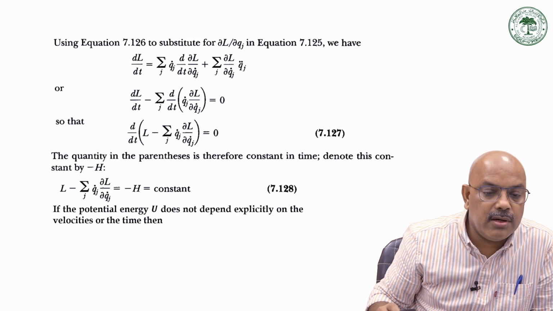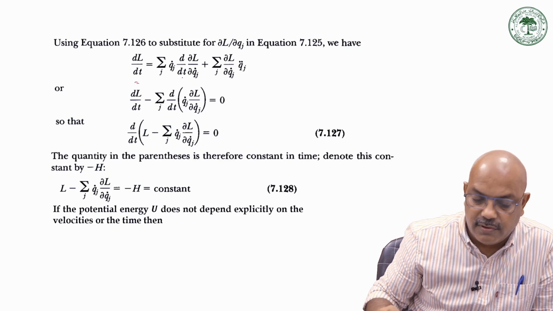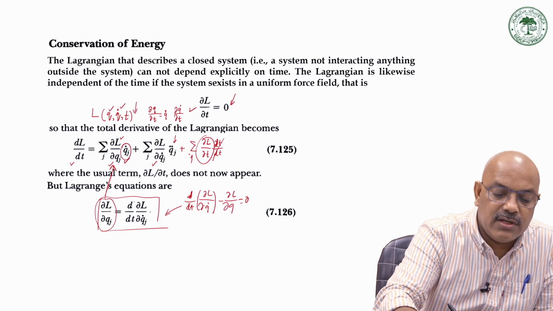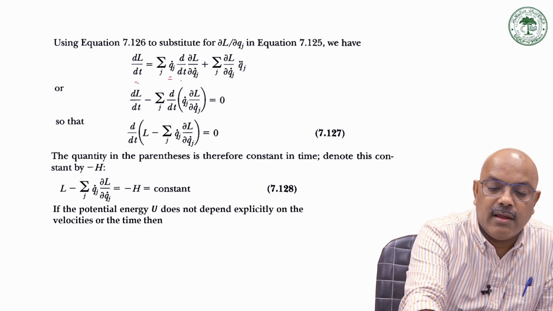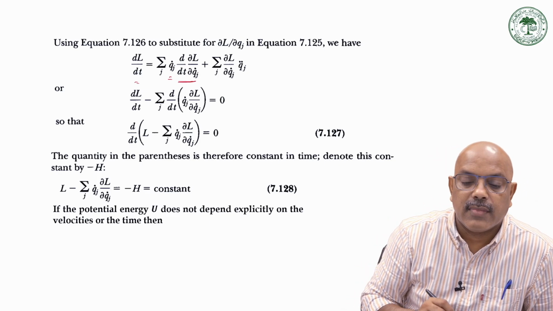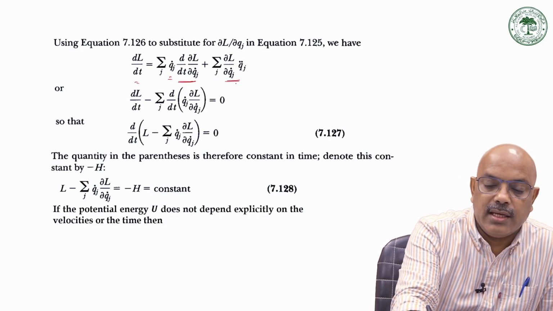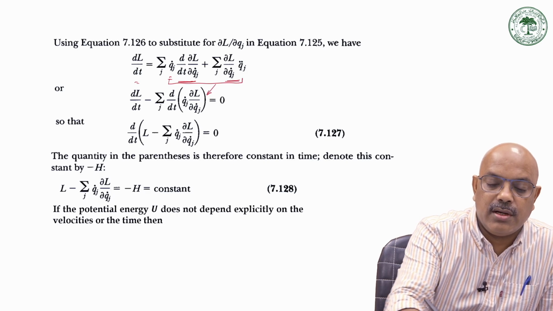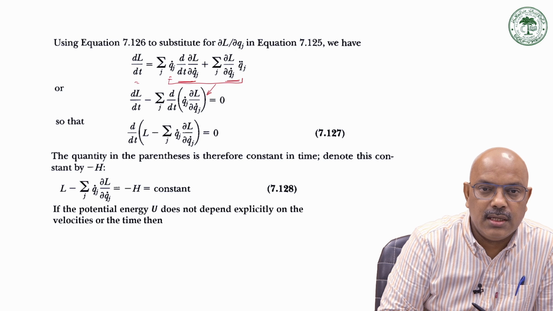Now I am going to write this dL/dt. If you see, we have q̇j, and in place of this I write d/dt of ∂L/∂q̇j. So this is q̇, and I have written this as d/dt of ∂L/∂q̇j, and the second term is as such. If you combine these two terms, you can write d/dt of q̇ ∂L/∂q̇j.